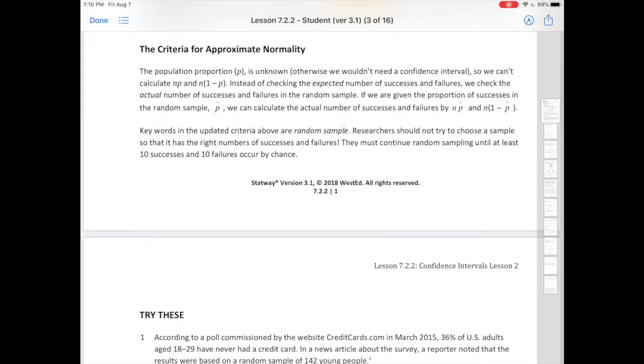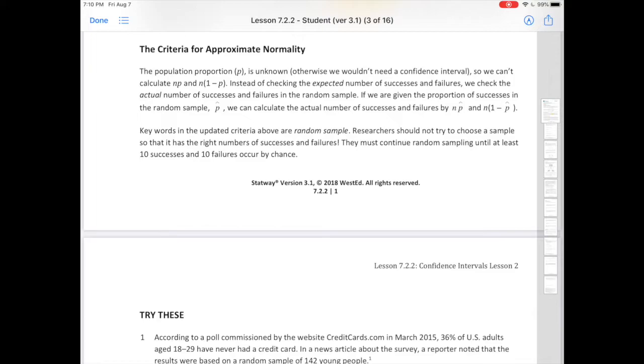The criteria for approximate normality. The population proportion p is unknown. Otherwise, we wouldn't need a confidence interval, right? So we can't calculate n times p and n times 1 minus p exactly. So instead of checking the expected number of successes and failures, we check the actual number of successes and failures in the random sample.